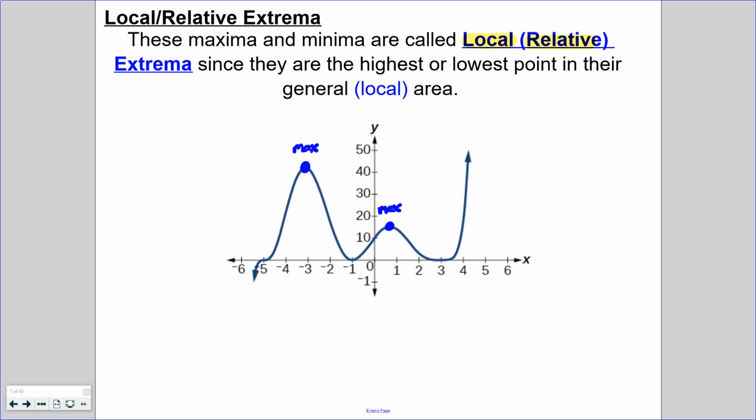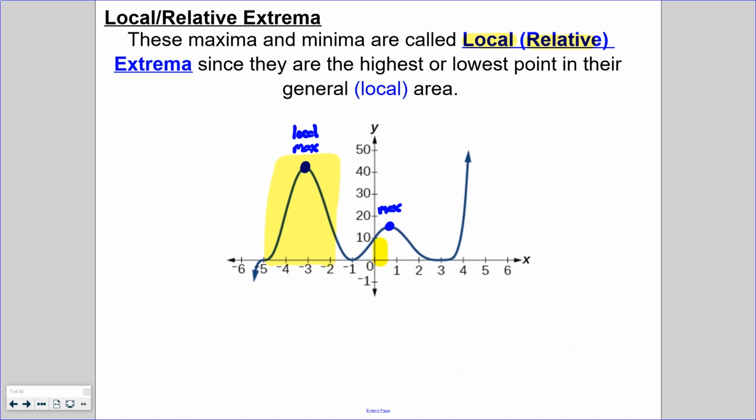So when we're talking about local, we're talking about it being the highest point locally. If we wanted to, we can draw a little neighborhood here of where just a group of our x values live. And we can say that in this little localized area, this particular point would be a local max, because it's the highest point in that little neighborhood.